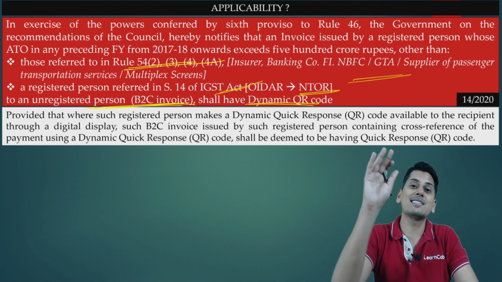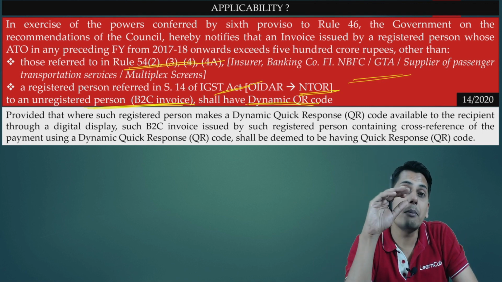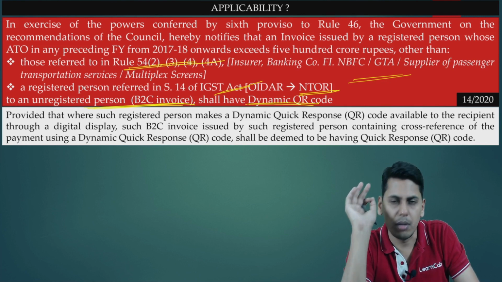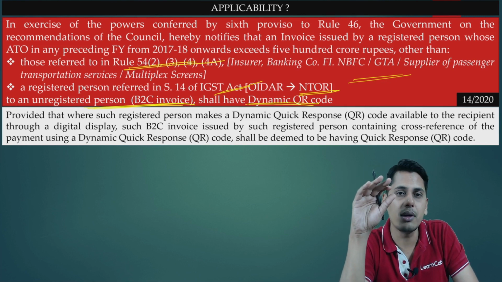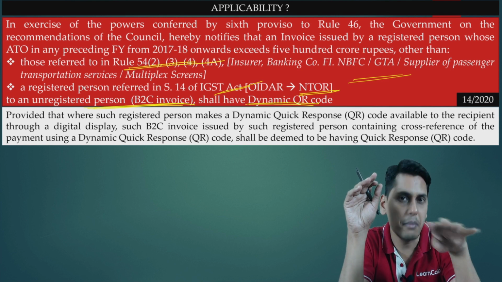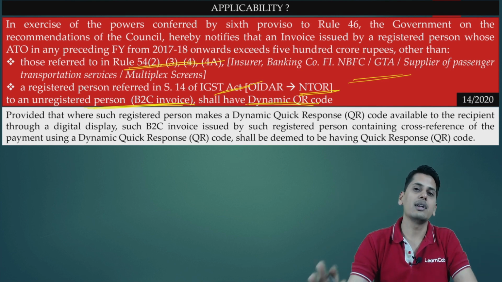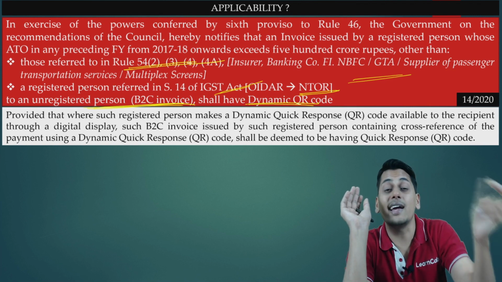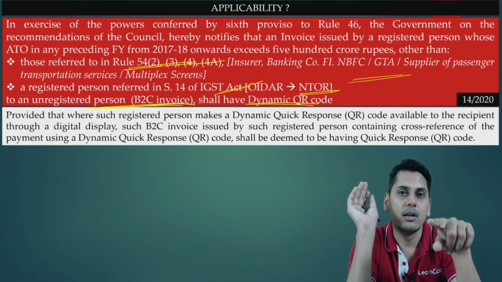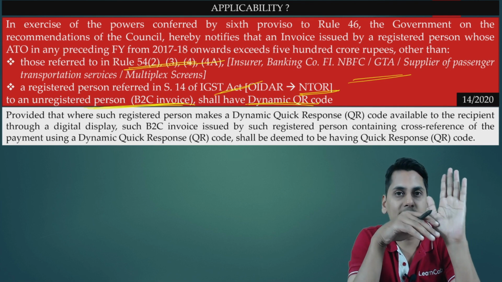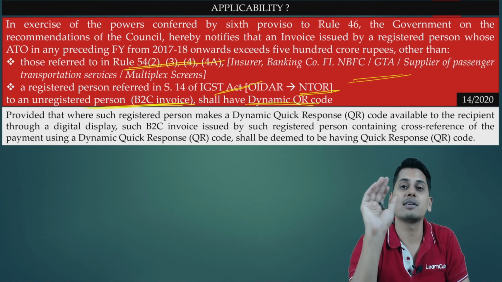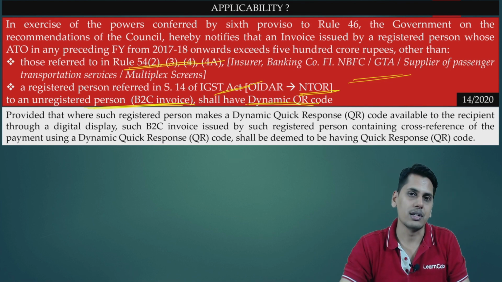Or is it sufficient to have a payment reference number? Payment reference number is nothing but the reference number of the payment which was made against the dynamic QR code. Friends, it is sufficient if that particular invoice, against which payment is made by scanning the dynamic QR code shown as a digital display, carries it. In such cases, the payment reference number is sufficient.